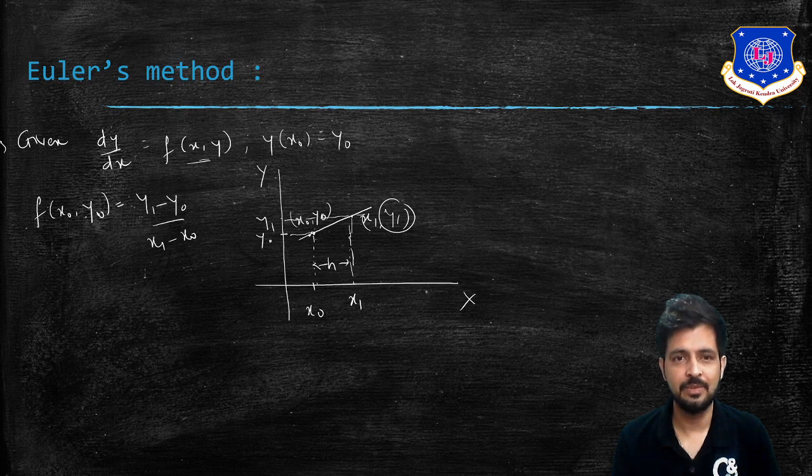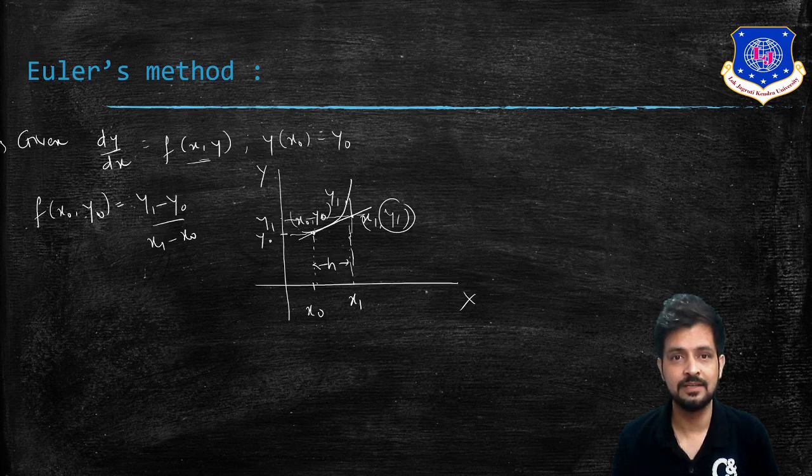Once again I am repeating, x0 y0 is the given point. We have to draw a tangent, and the slope of the tangent is given by f of x y, but at point x0 y0 we can write the slope as f of x0 y0, and we are getting one point. But our actual point is here. This is the actual value of y1, and this is the value of y1 that we are getting with the help of Euler's method.